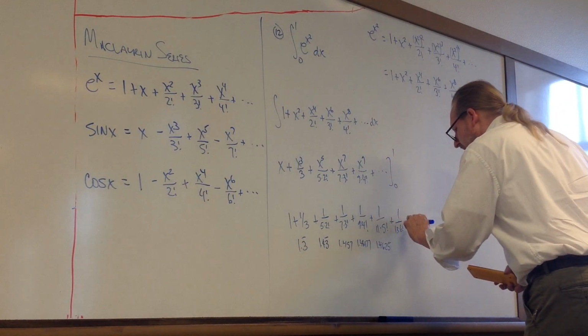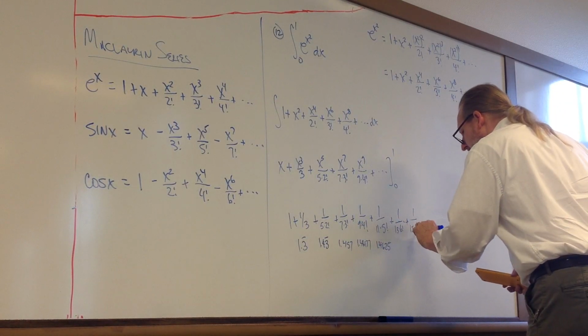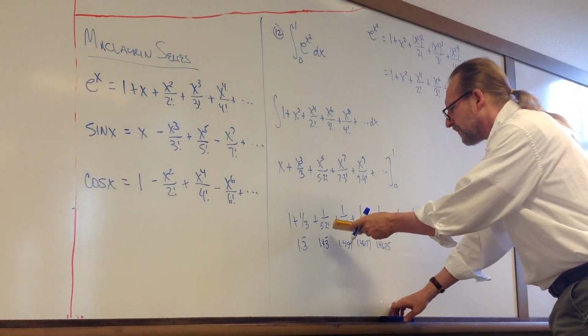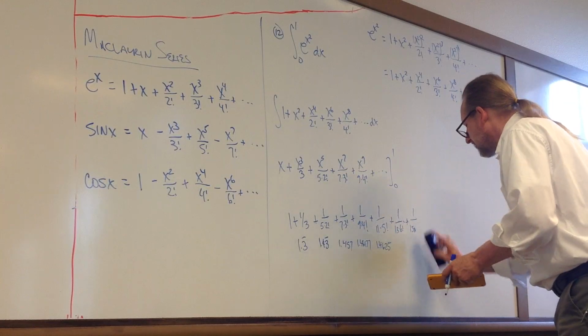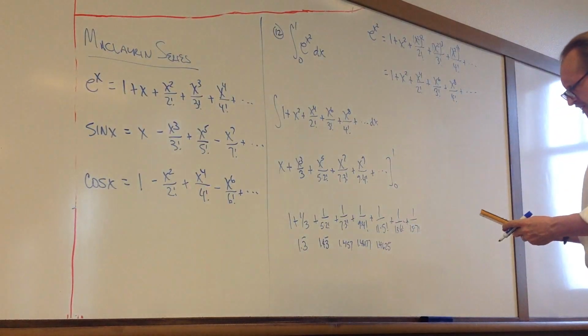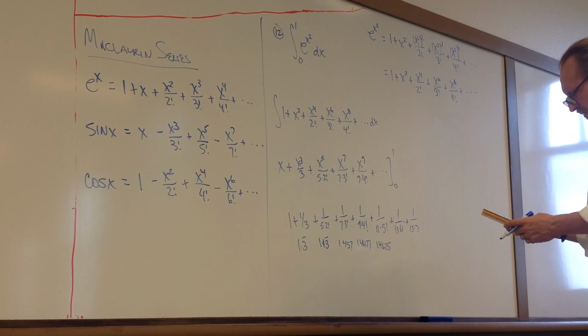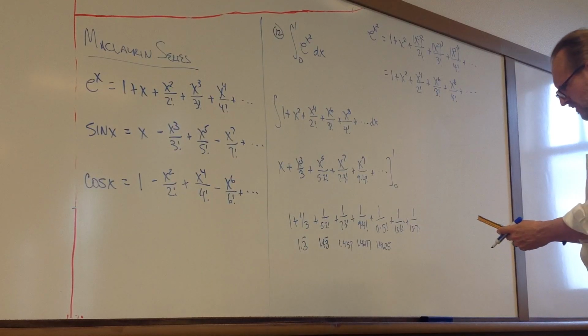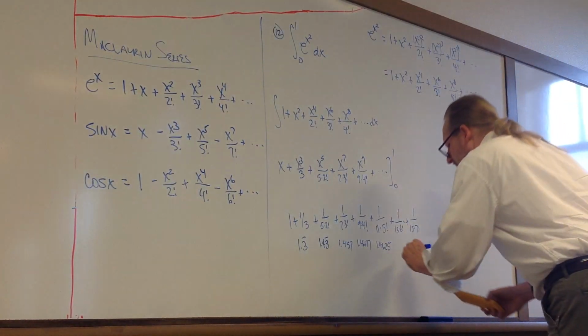13 times 6 factorial, and then 15, where are we? 2, 3, 4, 5, 6 times 7 factorial. Okay, so plus 1 divided by parentheses 13 times 6 factorial, 1.4626.